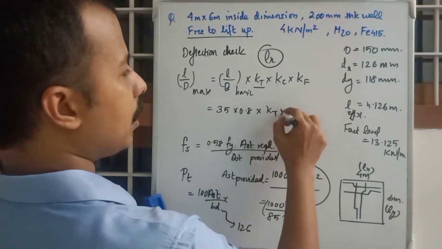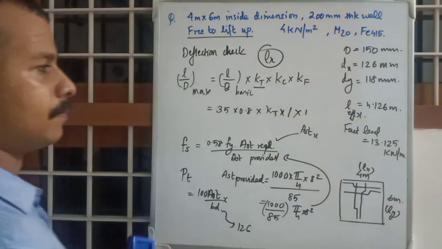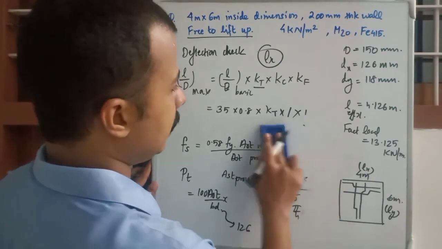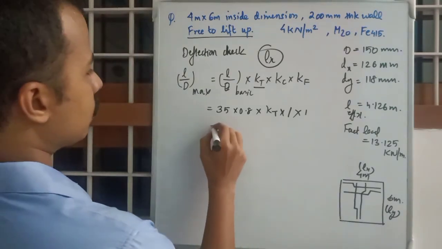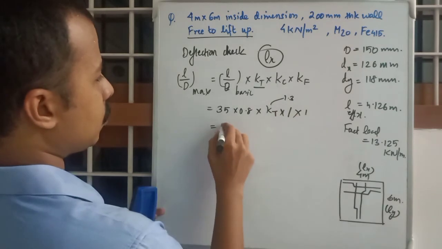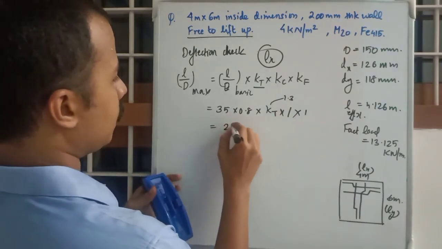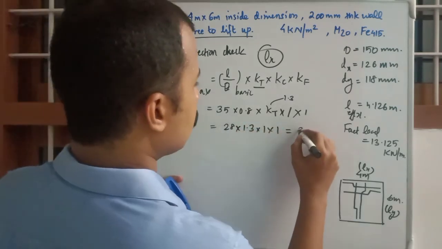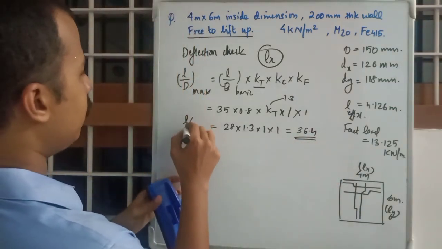KC will be 1 and KF will be 1. Okay. So then in this case, suppose KT was 1.3, so 28 into 1.3 into 1 into 1, 36.4.